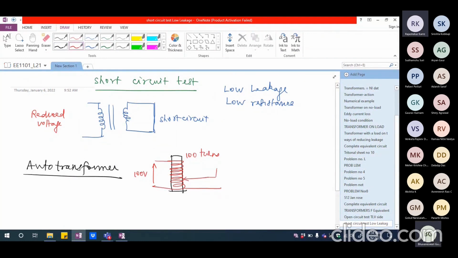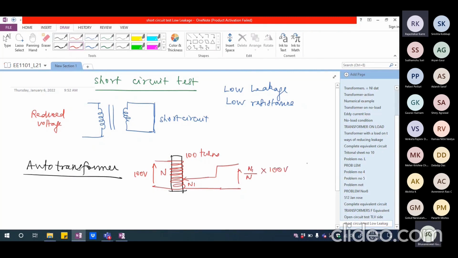So as the number of turns increases from the tapping point, I am definitely going to have more and more voltage output. If I call the total number of turns N, and this number of turns N1, the output is N1 divided by N multiplied by 100 volts.